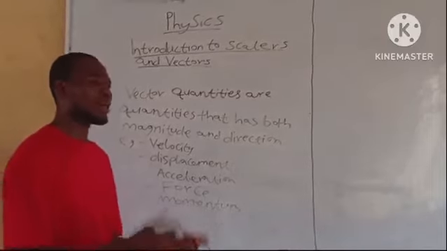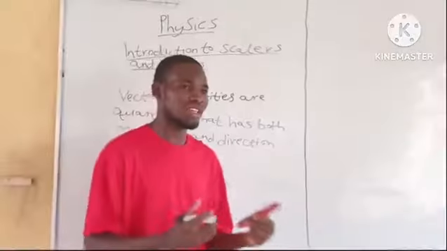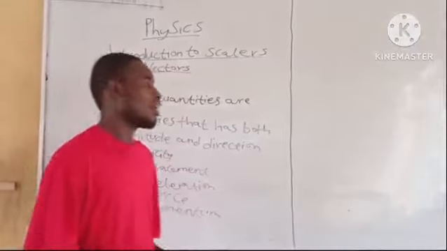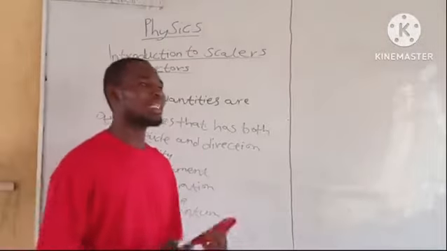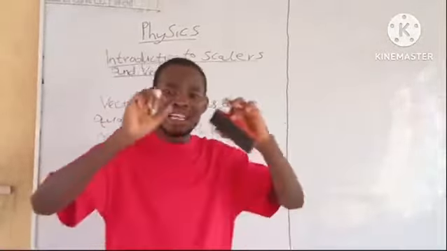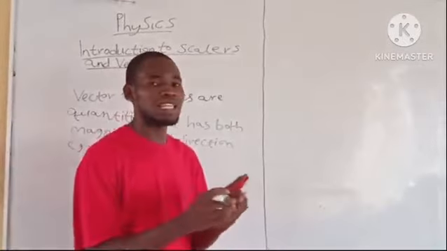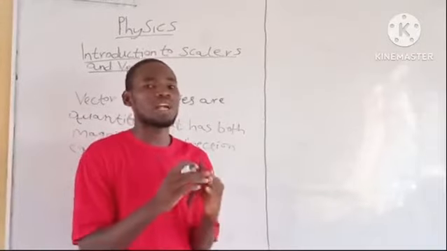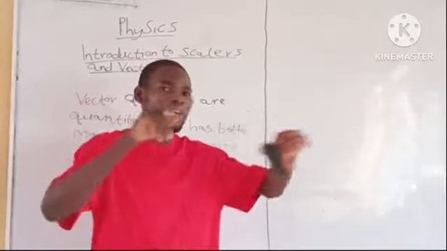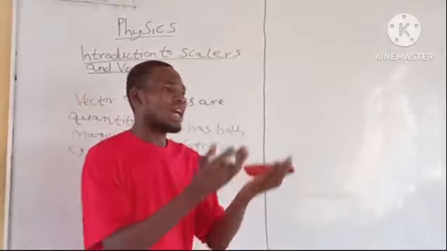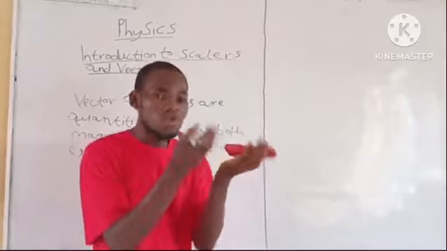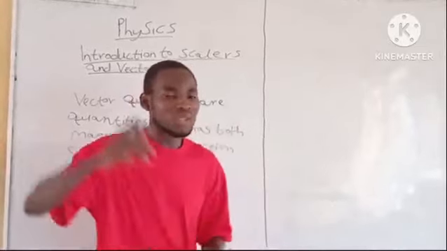Now let's talk about these scalars and vectors. Let's analyze them very well. Like I said before, take mass. If you talk about the mass of an object, it has only a numerical value, but it doesn't have a direction where it's acting. Now, if you talk about the weight of that mass, it has a direction.